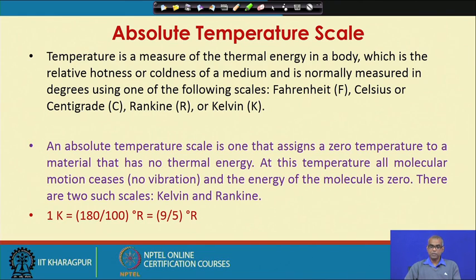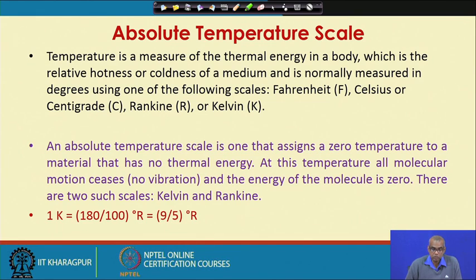An absolute temperature scale is one that assigns a 0 temperature to a material that has no thermal energy. At this temperature, all molecular motion ceases. That means there is no vibration of the molecules around their equilibrium position and the energy of the molecule is 0.